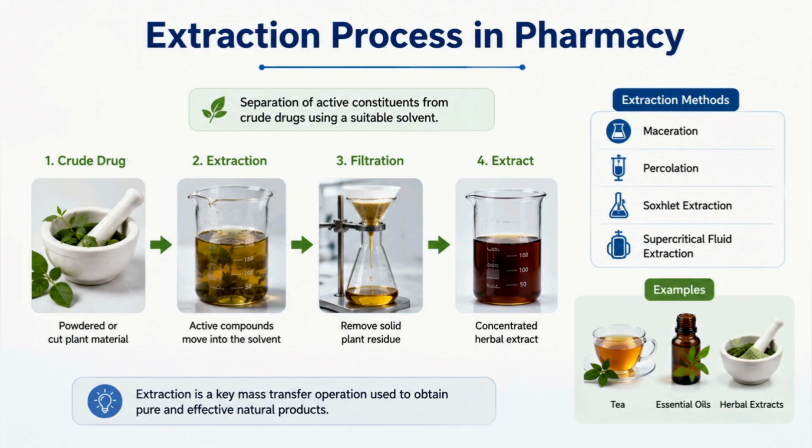Pharmaceutical industries carefully select the extraction conditions to maximize the drug yield and purity. Extraction is also used in isolation of antibiotics, alkaloids, and essential oils. Without extraction techniques, many natural medicines could not be produced.